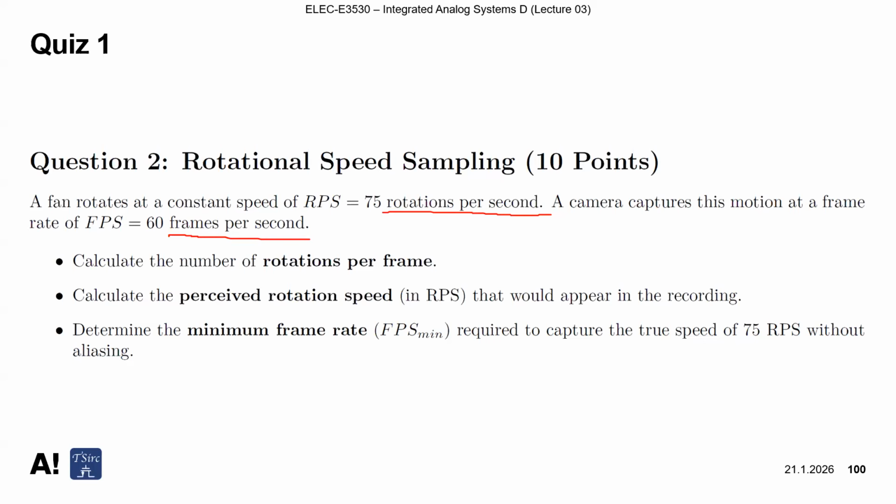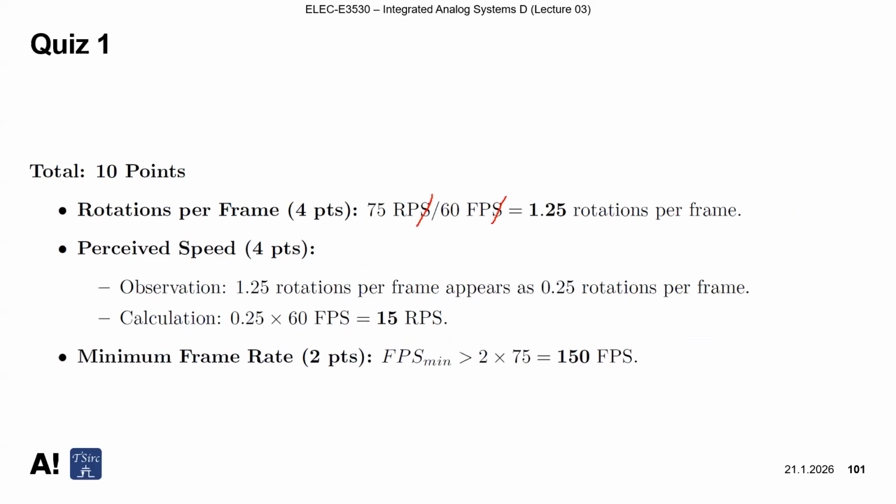Then the remaining part is 1/5, right? So the remaining part is 1/5 RPS. This is because our remaining rotations per frame is 0.25 times 60. It goes to 15 RPS. And the minimum frame rate should be larger than 2 times 75. That is the Nyquist theorem. And this is it.